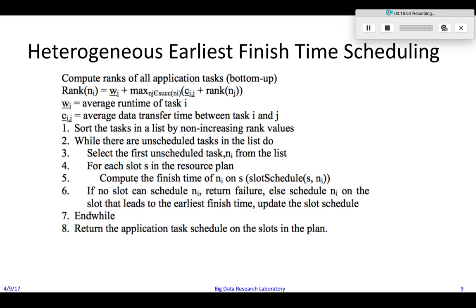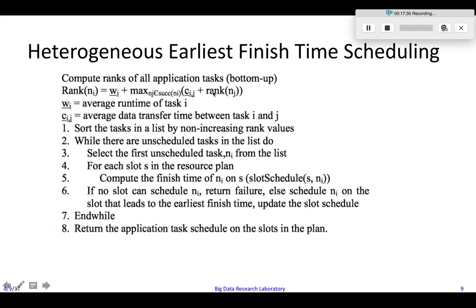As we all know, the HEFT scheduling algorithm tries to allocate different tasks to computing resources which have the earliest finish time. The original HEFT scheduling algorithm is used on processors, and right now the authors just change a little part to schedule a task in different kinds of slots.